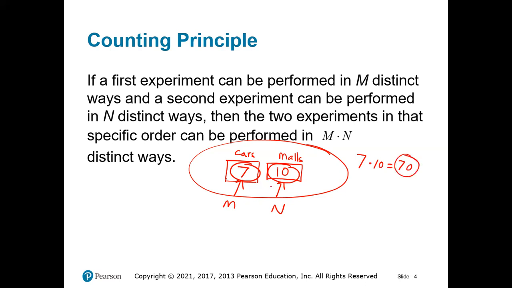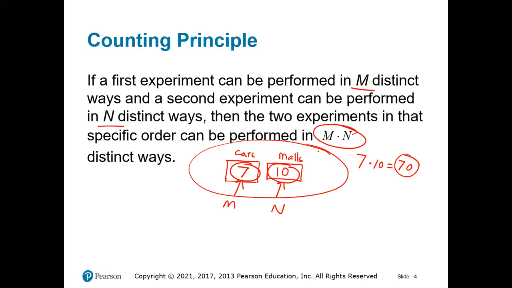For example, you can take the blue car and go to the Millennium Mall, or you can take the blue car and go to the Fashion Square Mall, or you can take the white car and go to Fashion Square Mall, or the white car and go to Altamonte Springs Mall, and so forth. So this is just a very basic example to show you how it goes. If the first experiment can be done in m distinct ways, and the second experiment can be done in n distinct ways, then in how many ways can you do both experiments back to back?